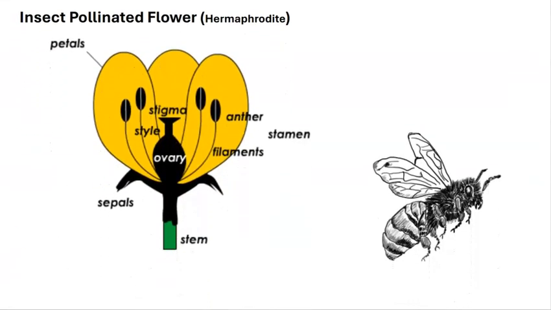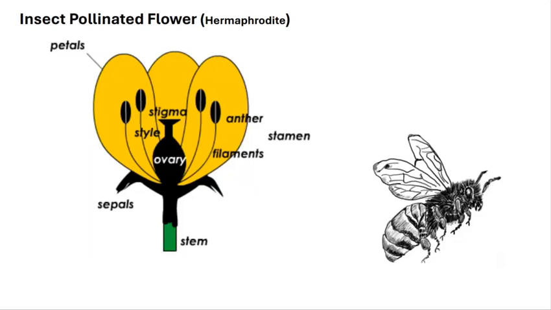The type of insect-pollinated flower that we're going to look at initially are the hermaphroditic flowers, and this means that there will be both the male and female components present within the flower structure. So the flower is the reproductive structure of this particular plant.